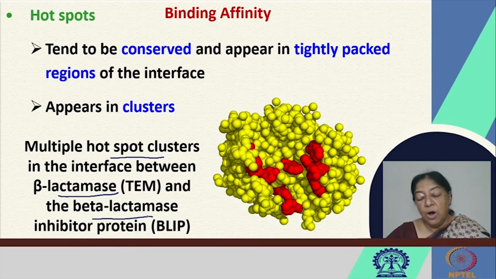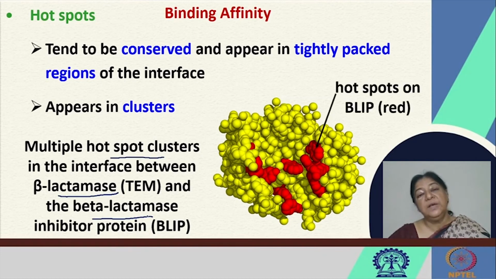So these hotspots would result in a strong interaction that would hold the complex together. Again, whether it is low affinity or high affinity would depend upon the type of interaction or the specific process that it goes through.